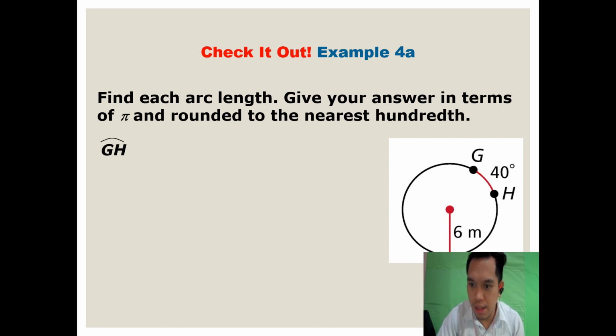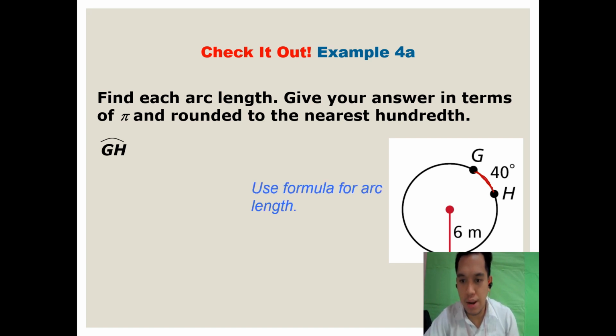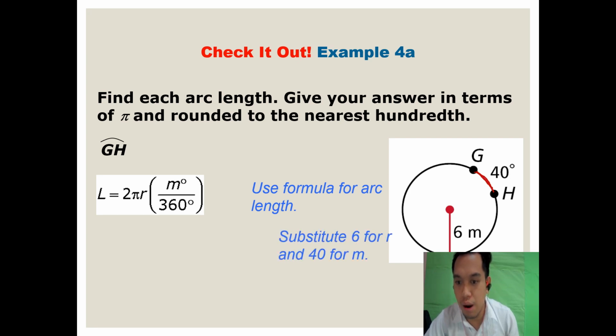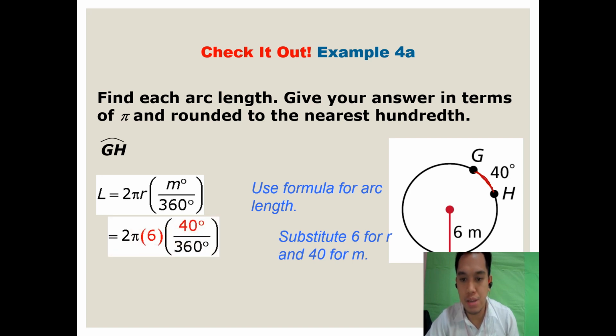So again, use the formula for arc length, which is L equals 2 pi r times m degrees over 360 degrees. Then substitute 6 for r and 40 for m. Okay, so substitute, then simplify.